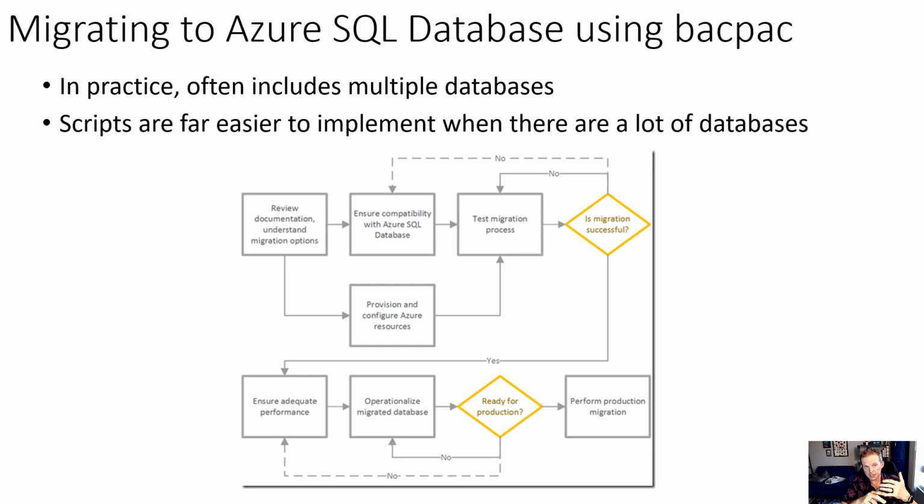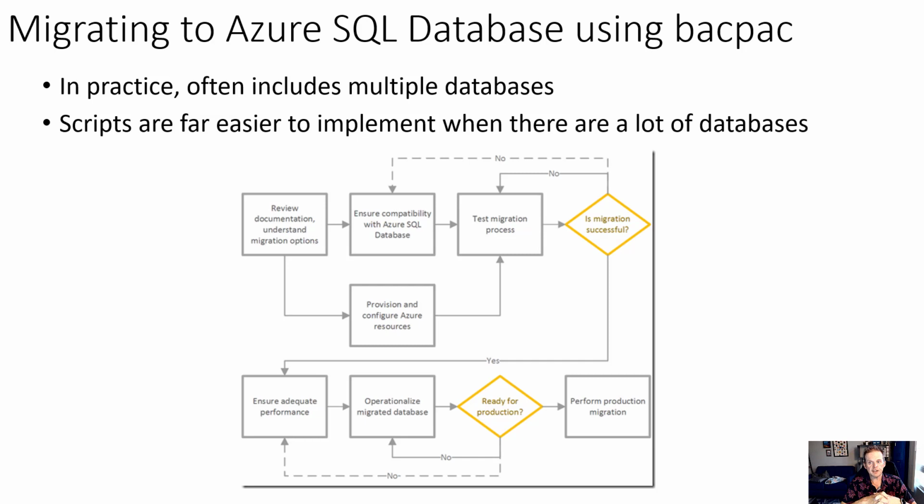You can back up and restore to a VM. You can back up and restore to MI, but you can't back up and restore to just Azure SQL Database. So those other things work. And if you have a few databases that are all different, use those other things. It's graphical, it's easy, does the assessment. You saw how all that worked already.